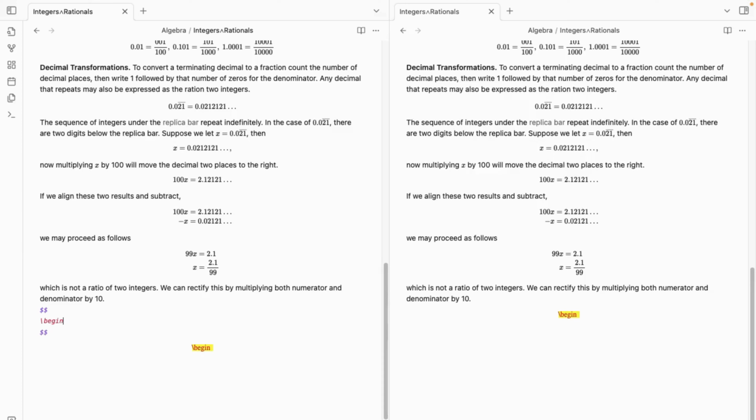All right, and all that is left now, simplifying the equation, is x equals 21 over 99.